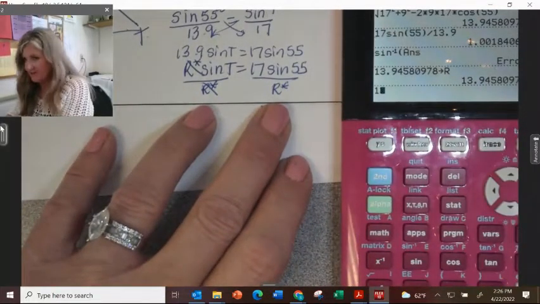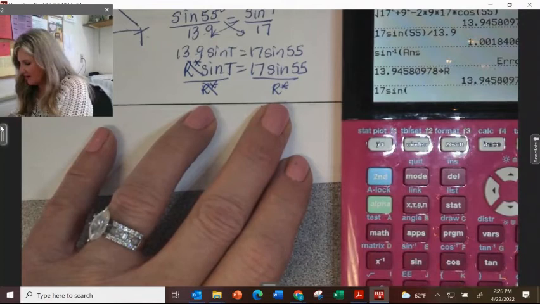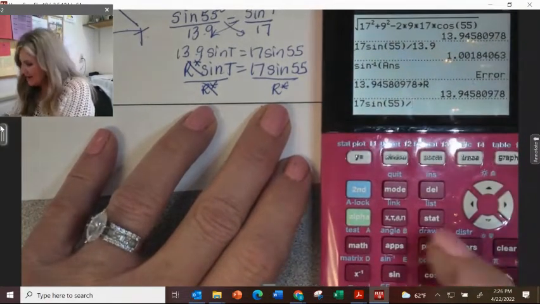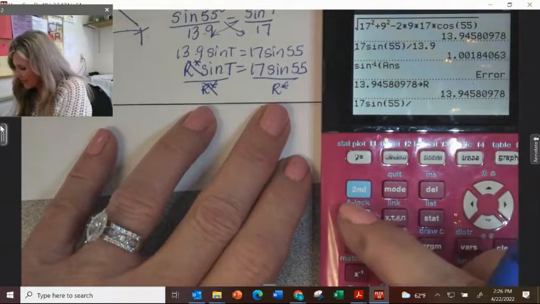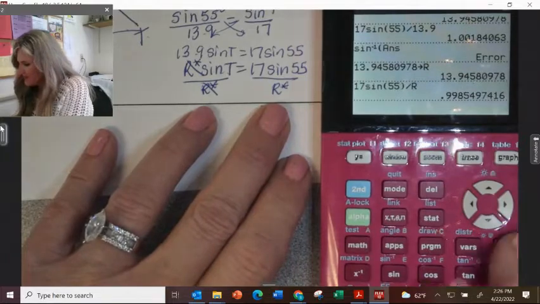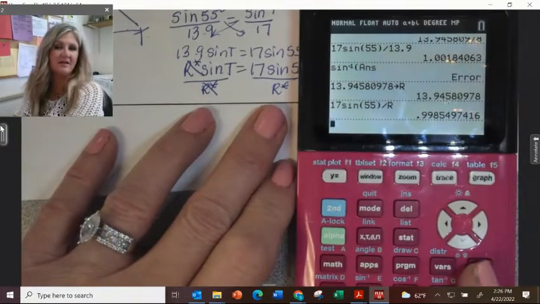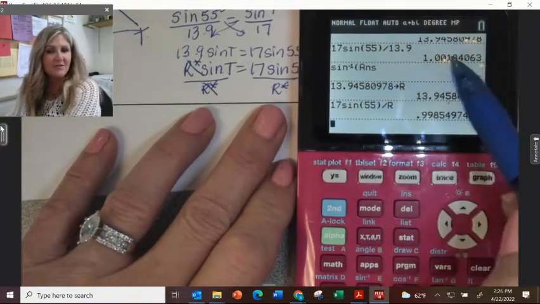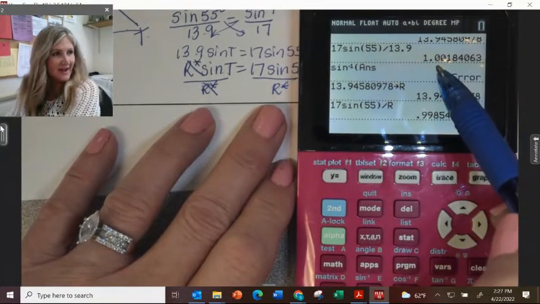I'm going to do 17 sine of 55 divided by, and I have to get that R, so I'm going to do alpha R, and I get this answer. Do you see how that rounding really changed that a lot? I got an error message. I couldn't even do the problem.